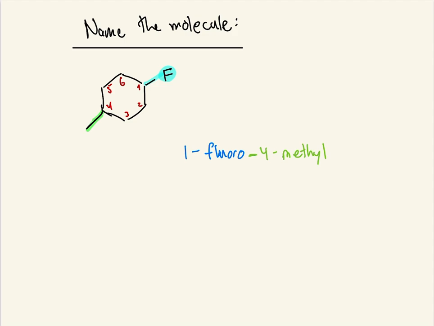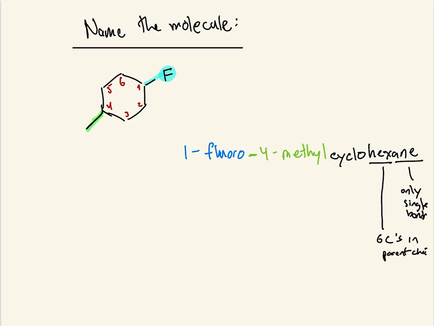So all we did was instead of hexane, we just add cyclo to it, cyclohexane, right? Ane tells us what? Only single bonds. Hex tells us what? 6 carbons in parent chain. And then cyclo tells us what?